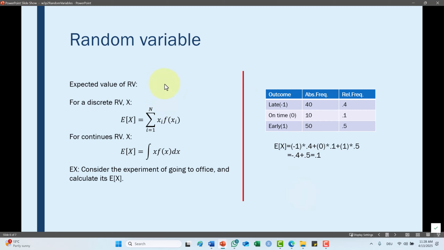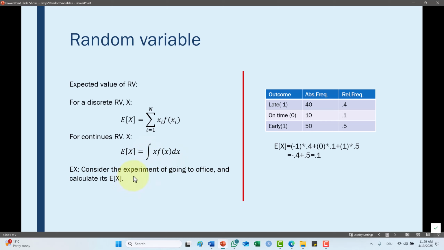The expected value of a random variable is defined for discrete variables as the sum of xi times f of xi. The xi are values in the set, and f of xi are the respective probabilities. For the continuous random variable, this is the definite integral of x times f of x dx.